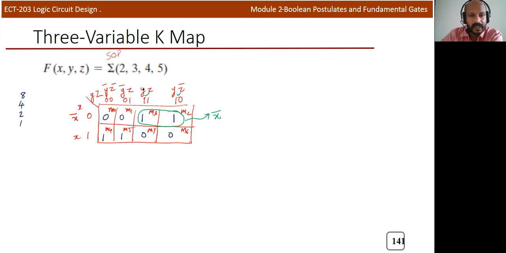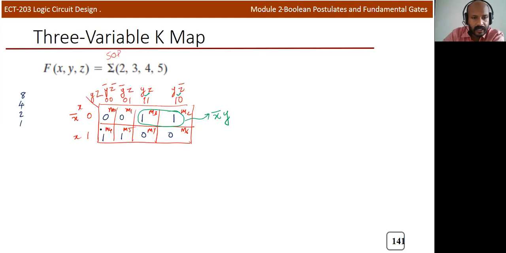So this 1 corresponds to y. So you can write x bar y. Column wise, this is 1 and this is also 1, but z is changing, 1 and 0. So we cannot consider z. We consider only the common term. So 1 is common for both column 3 and 4, so we'll consider y for representing that.